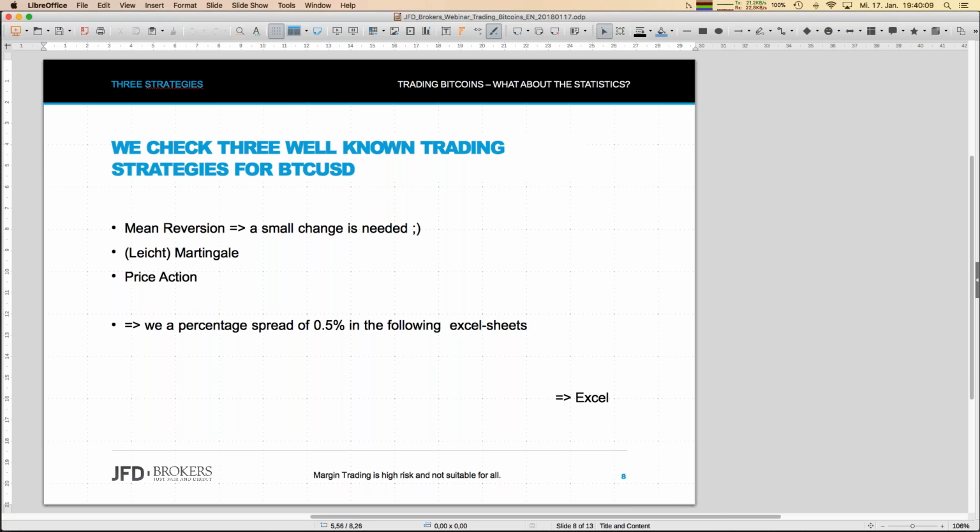The idea is that the price always goes back to the mean, and the mean in our case is simply the EMA. We will see that originally that strategy does not work for Bitcoins.